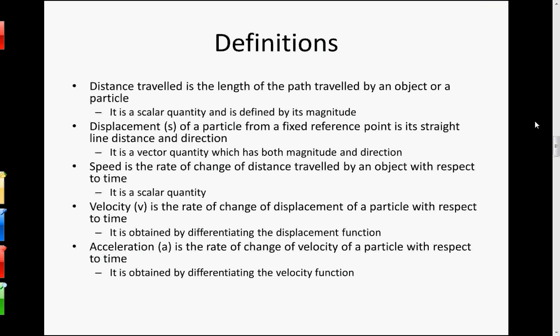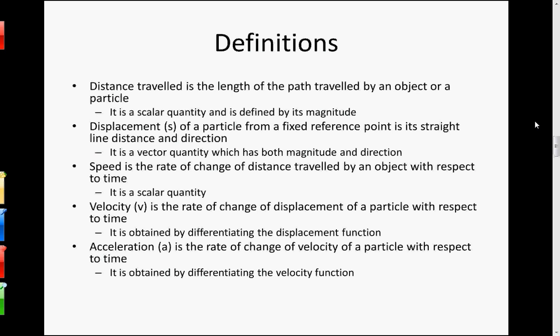Before that, I want to read you a few definitions about distance, displacement, speed, velocity, and acceleration. We learn distance and displacement. We always think that they're the same, but they're actually not the same. Distance is a length you actually travel.